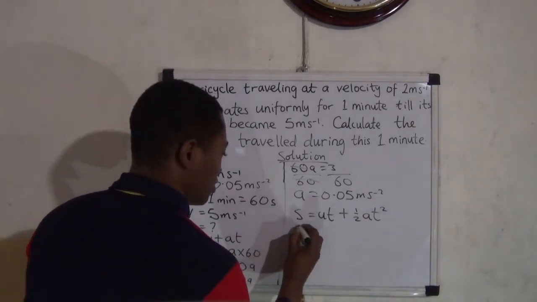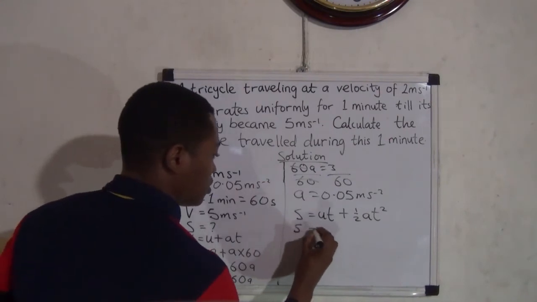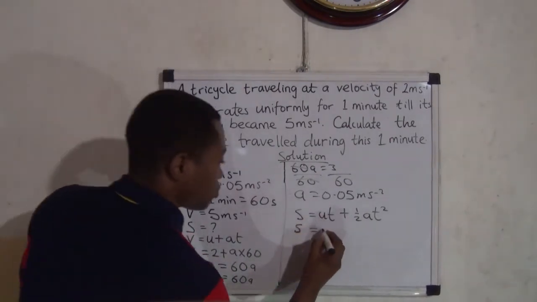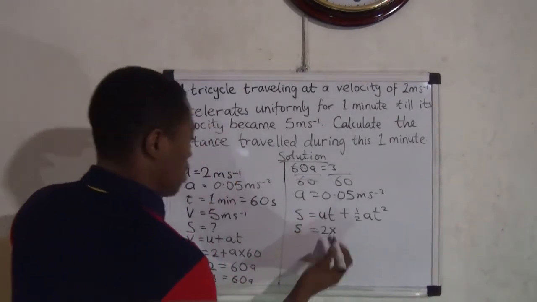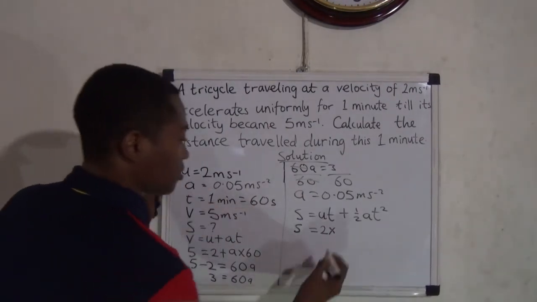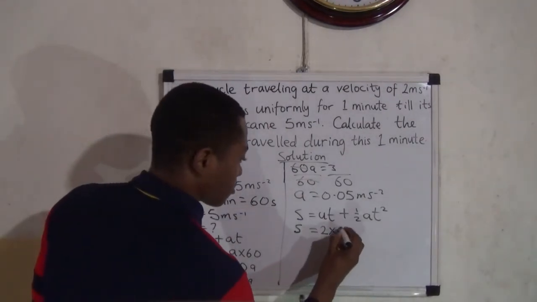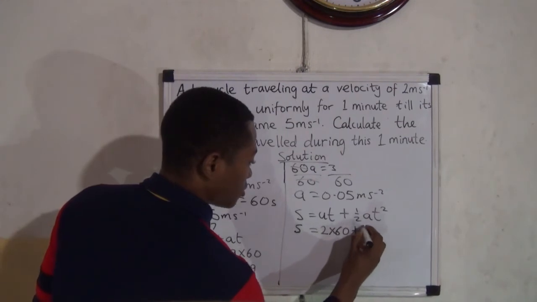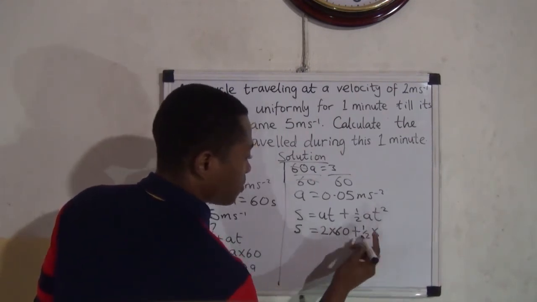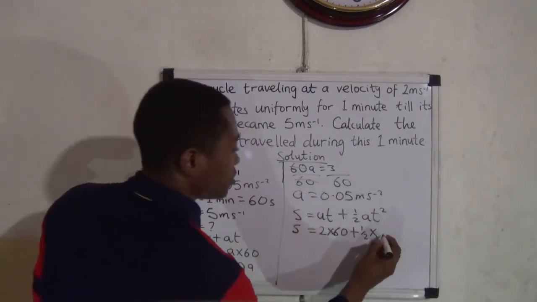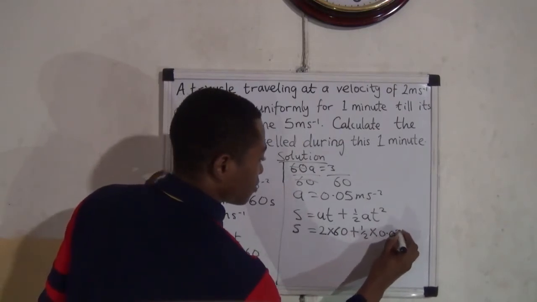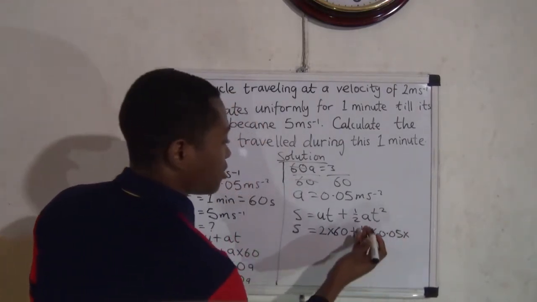We have s is equal to, what's our u? 2, multiplied by our t. t is 60, plus half multiplied by a. Our a is 0.05, multiplied by t squared.